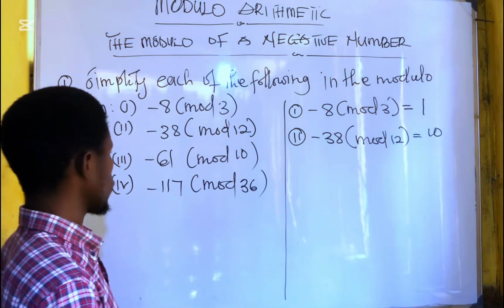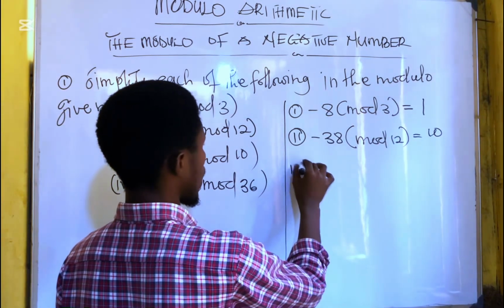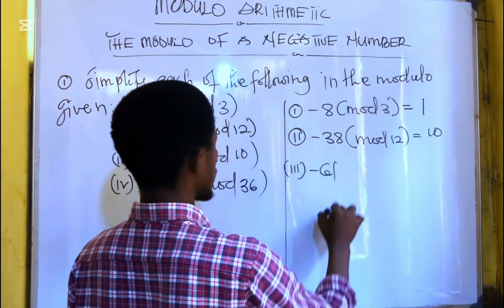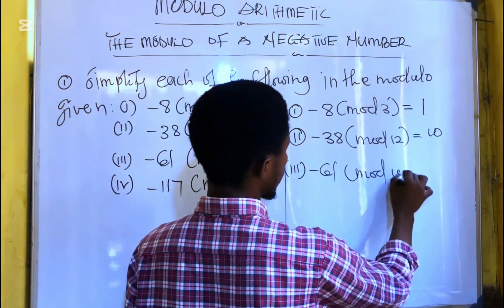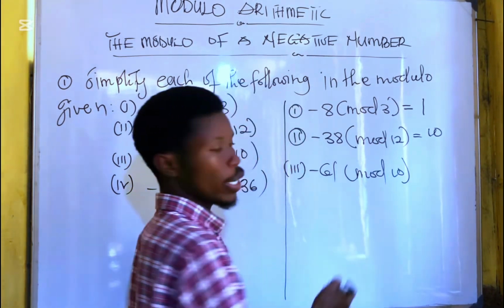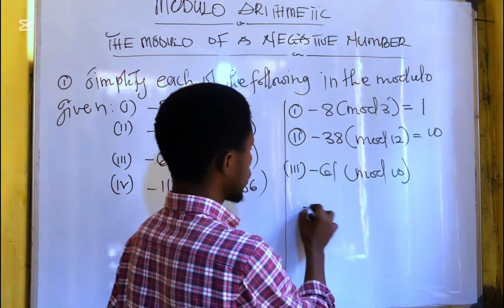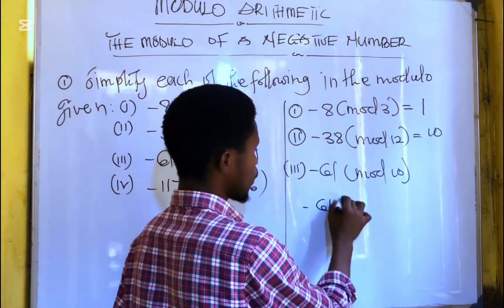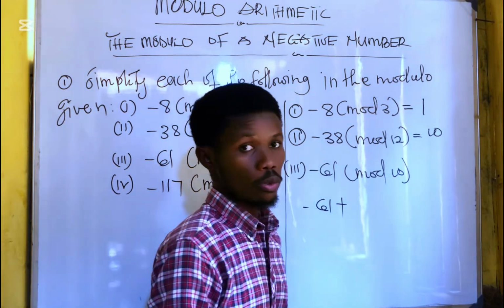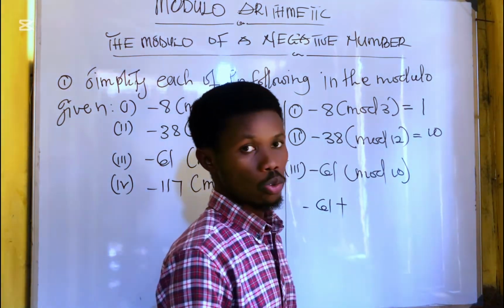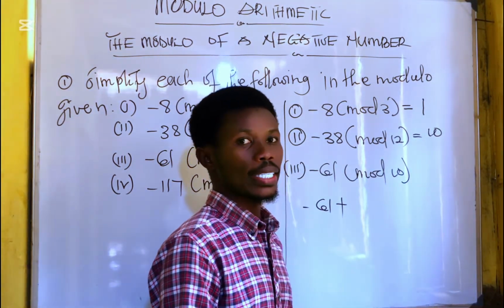So the next example we have negative 61 mod 10. So here, the same approach. Negative 61 plus, now listen, 6 times 10 will give me 60. It's better to add 60 to this to get close to my answer than be adding 10, 10, 10, 10, 10.